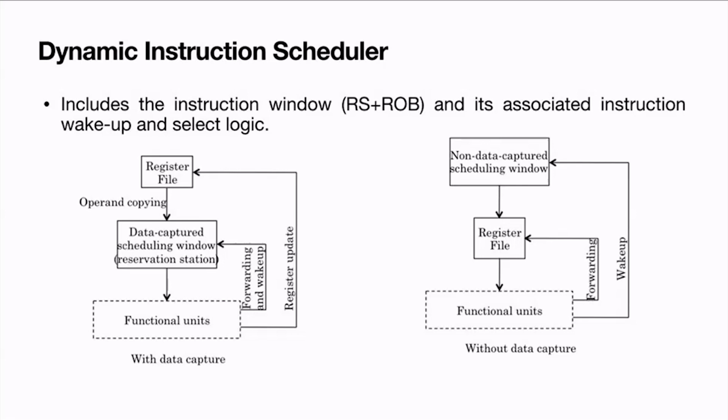Again, these are multiple design points in your entire design space. As I mentioned in the last class, the entire architecture is basically design trade-offs. You will have multiple points, and you can select one depending on your requirements. If area is the main constraint, go for the without data capture based design. But if performance is the major thing, then go for the with data capture type of design and so on.